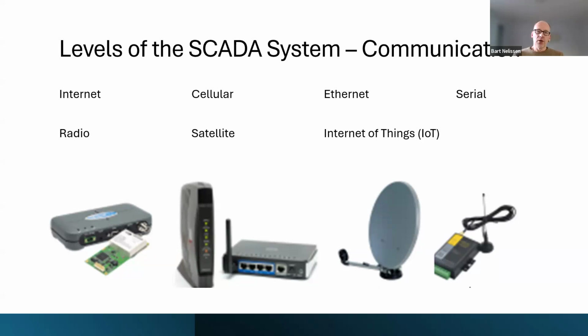Radio for data would be not necessarily the same type of radio you have in your vehicle, but strictly data radios. They can be advantageous because once you have installed a radio, you can transmit and receive as much data as you want, and you would never get billed for that anymore, which is different with an internet or a cellular type connection.